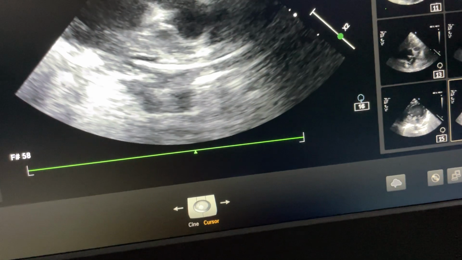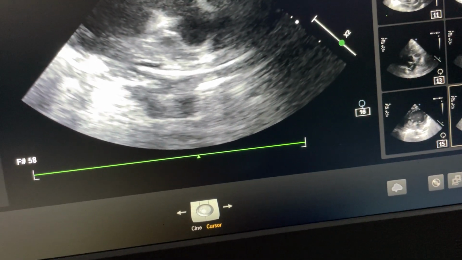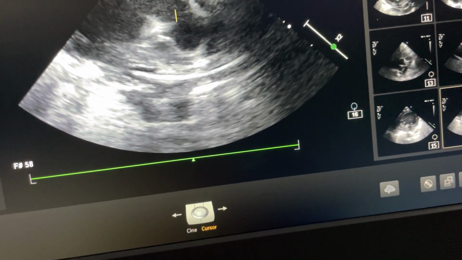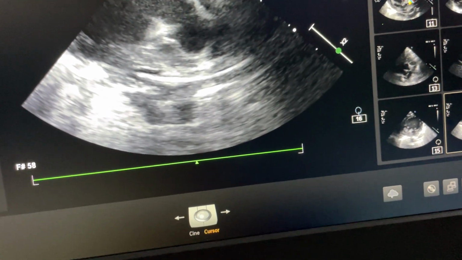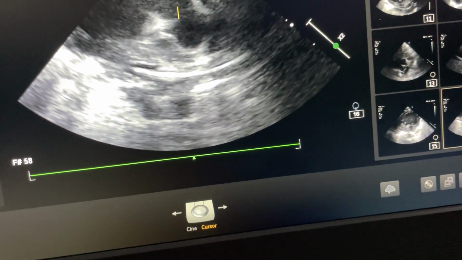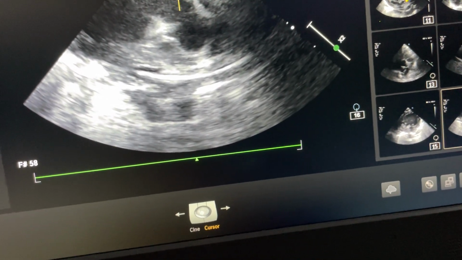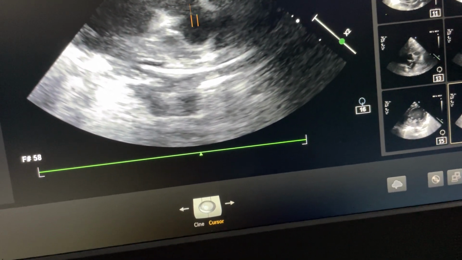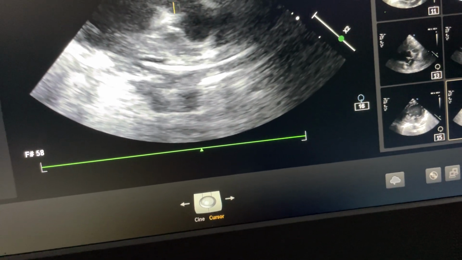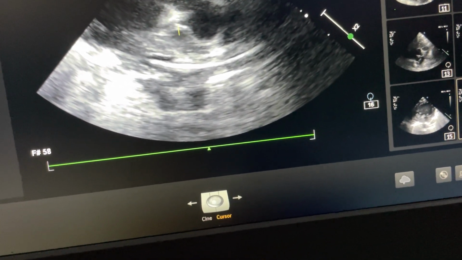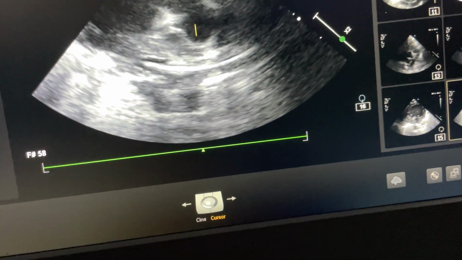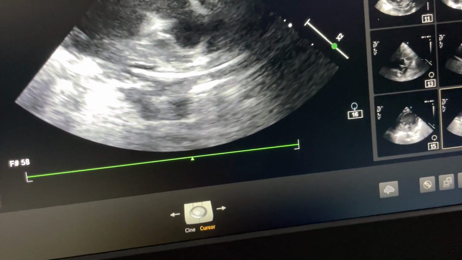Obviously this is the main ventricle, this is the right ventricle outlet portion, and this is the main pulmonary artery that is anterior to the aorta. Normally that is a normal finding, and they are perpendicular to each other. When you see the longitudinal portion of the pulmonary artery, then you will find the transverse section of the aorta. That means they are perpendicular to each other. That is a normal finding.